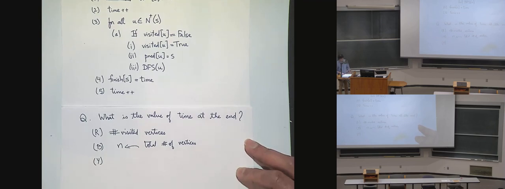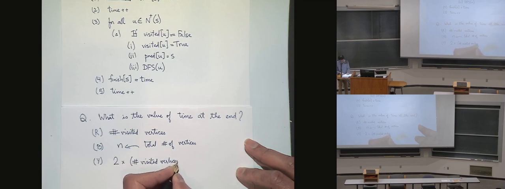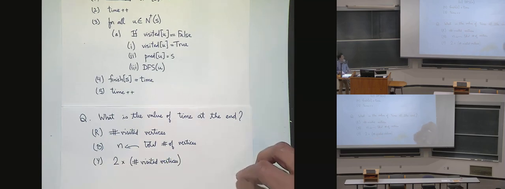Or is it 2 times the number of visited vertices? By the way, there may be an off by 1 somewhere, but ignore the off by 1.